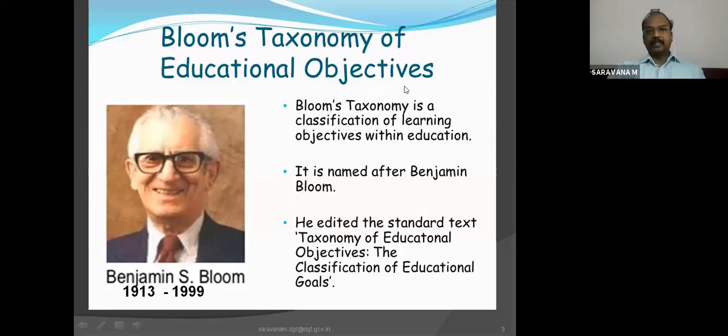Bloom's Taxonomy of Educational Objectives is his work, his contribution towards education. In the system of education, many educationists and psychologists have contributed in a great manner.